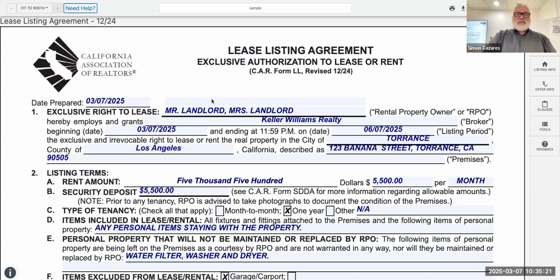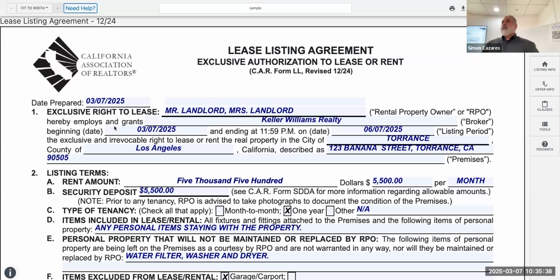All right, so it starts off as most of your forms do, with your date of preparation. This is the date that you actually create the form. The next is you're having an exclusive right to a lease, right? So this is where the landlords will be executing this agreement.